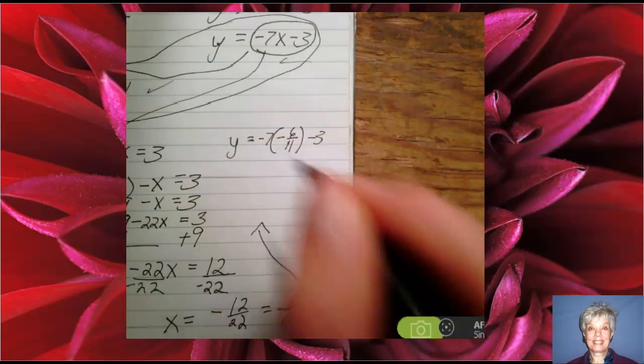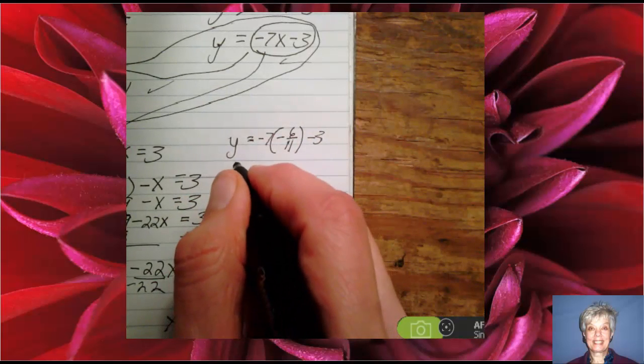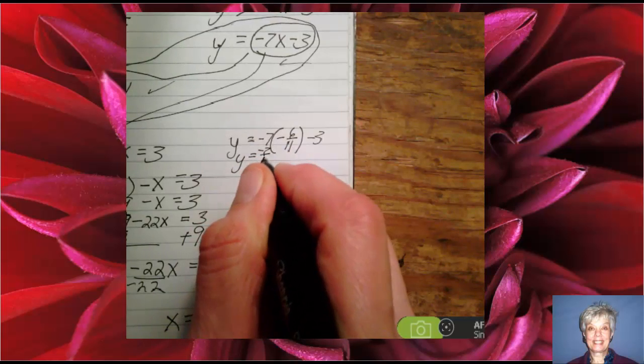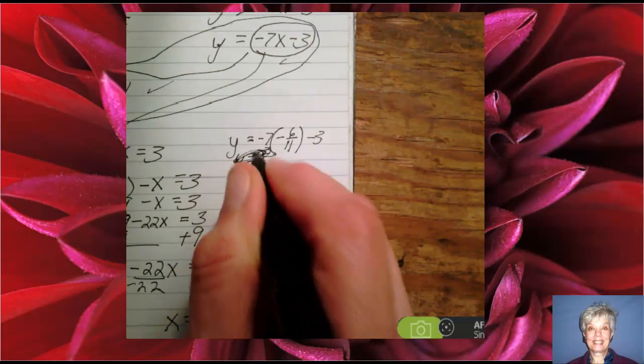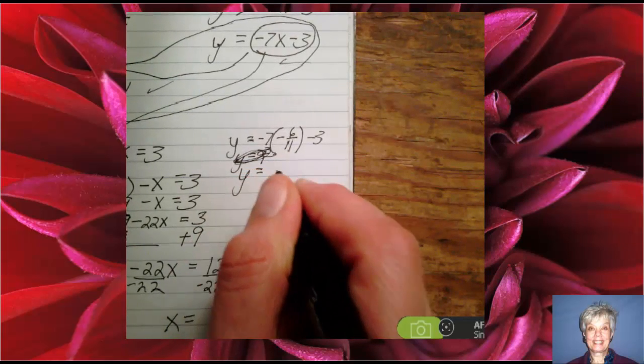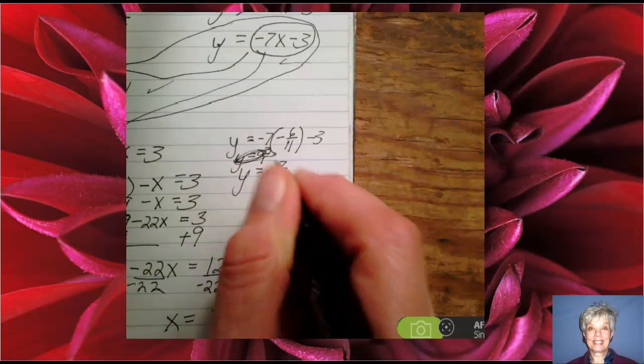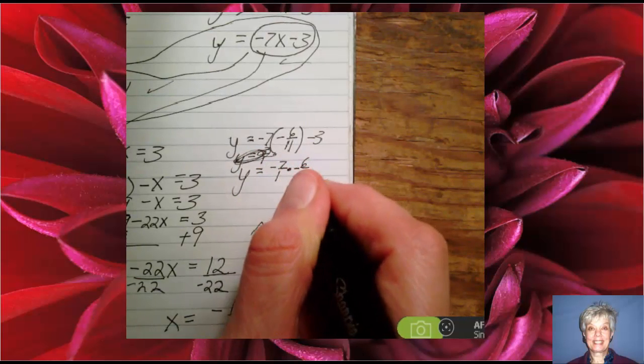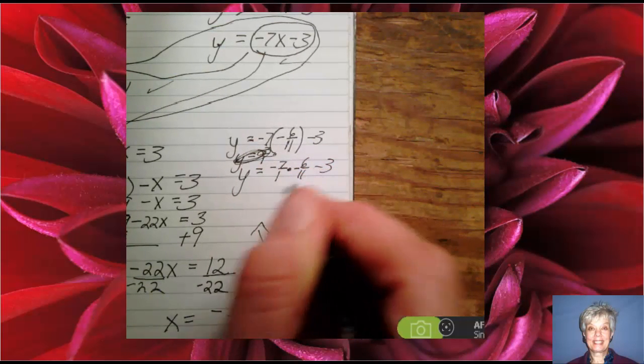This will be y equals negative 7 over 1, because we're multiplying by a fraction, times negative 6 over 11 minus 3.